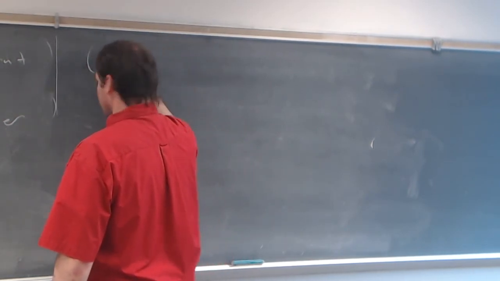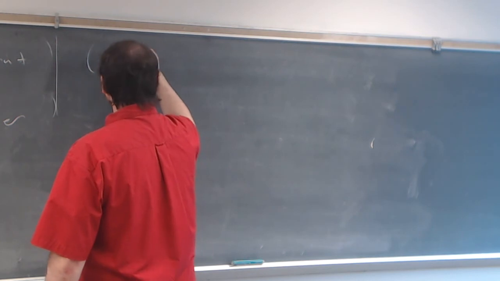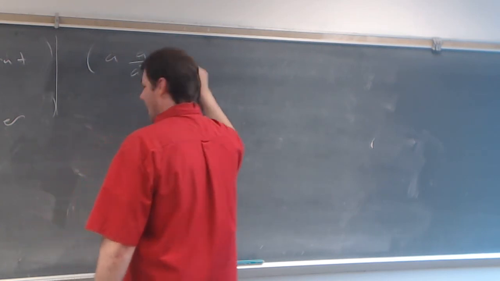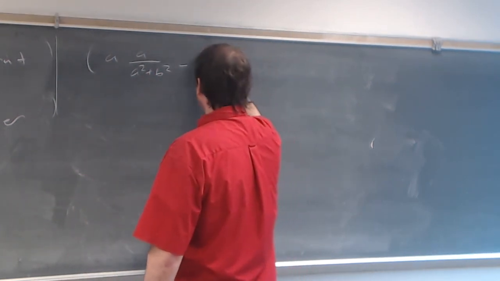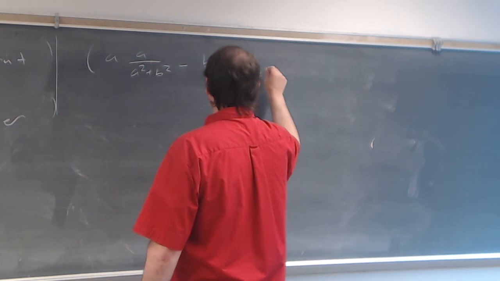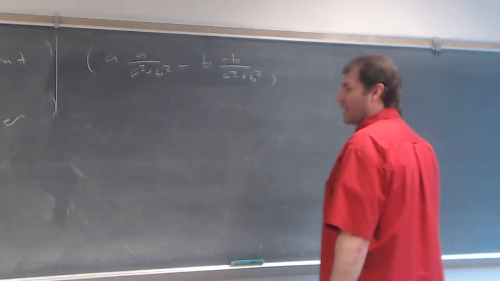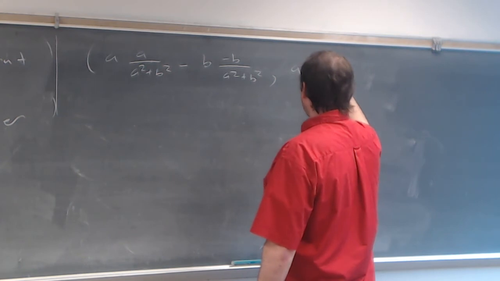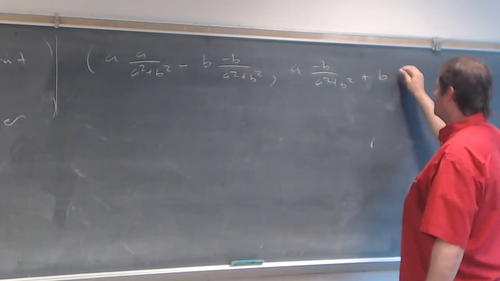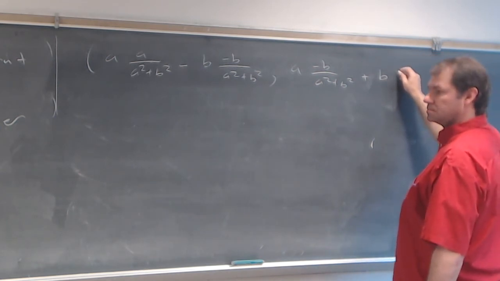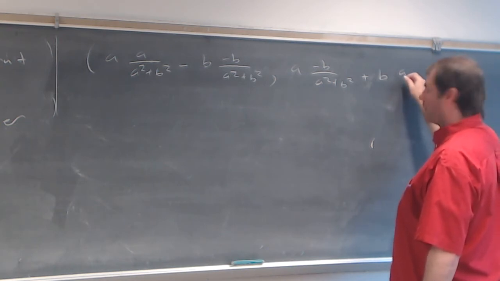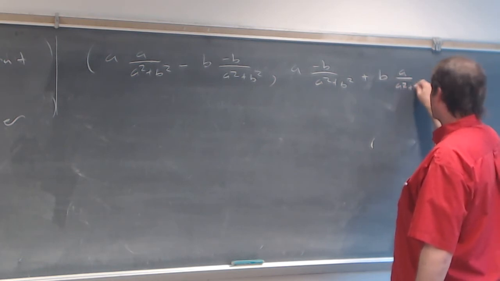So that's equal to A times A over A squared plus B squared minus, now it is B times minus B over A squared plus B squared, comma, okay, and then it's going to be A times minus B over A squared plus B squared plus, then it's going to be B times A over A squared plus B squared.